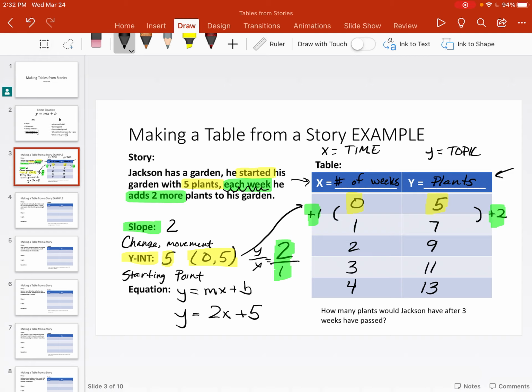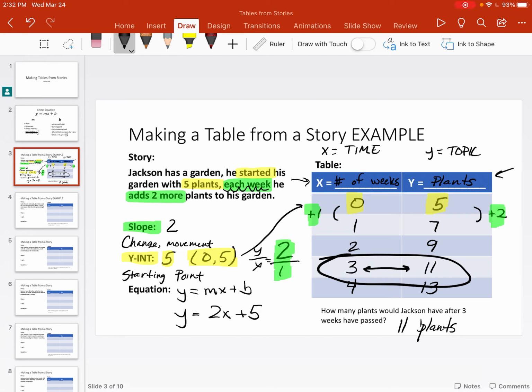I have this clarifying question of how many plants would Jackson have after 3 weeks have passed. So if we look, we have number of weeks. I can just jump on down to 3, and I can look straight across and figure out, oh, after 3 weeks, Jackson has 11 plants.